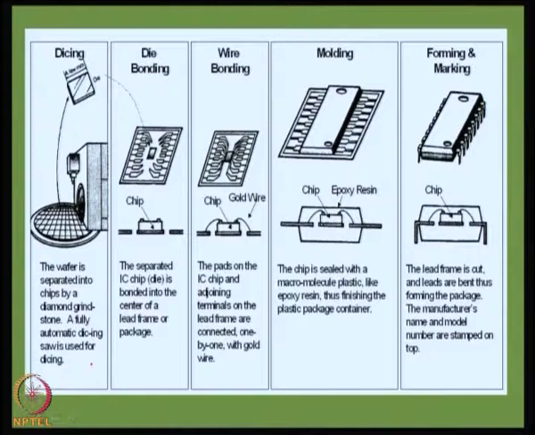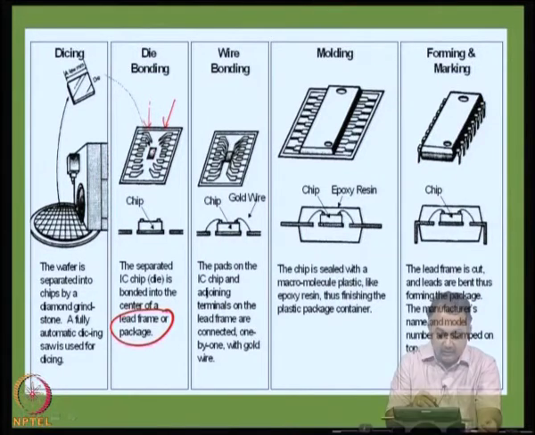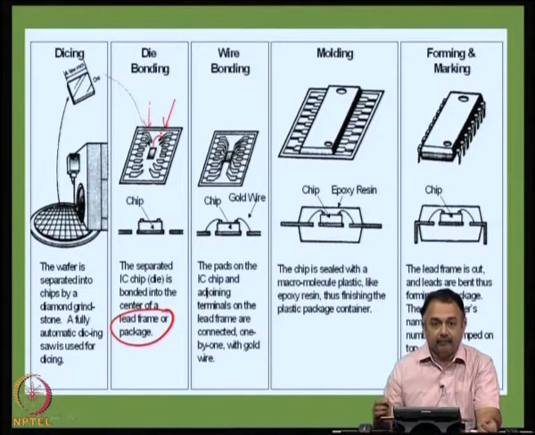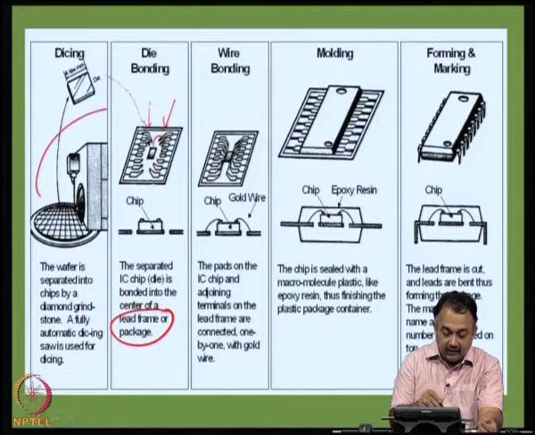And in the next portion of the slide, the IOs of the die will be bonded to a lead frame or a package. That is the first level of activity that takes place once an IC is manufactured.